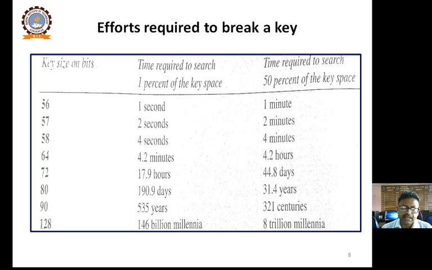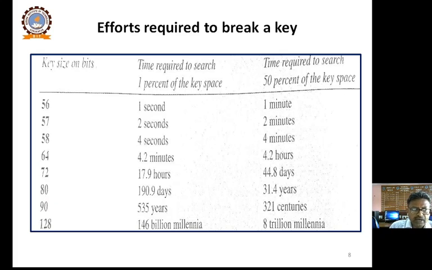But if the key size is 57, the time required to search 1% of the key space is 2 seconds, and 50% of the key space is 2 minutes. Meaning thereby, if the key size increases from 56 to 57, an increase of 1 bit, the time required to search 1% of the key space just doubles. Similarly, the time required to search 50% of the key space also doubles.